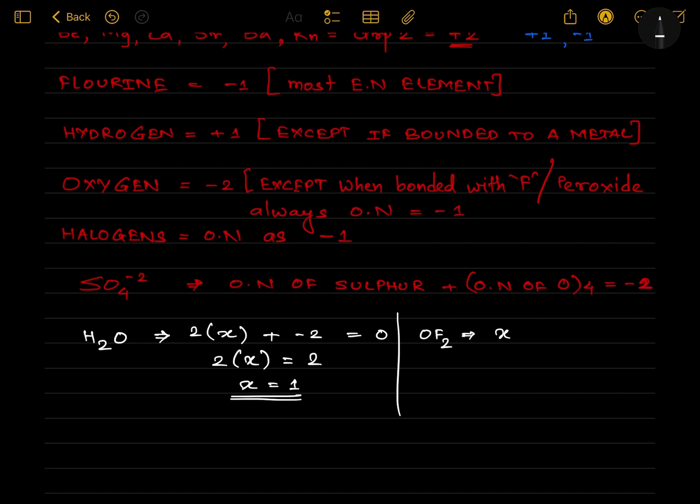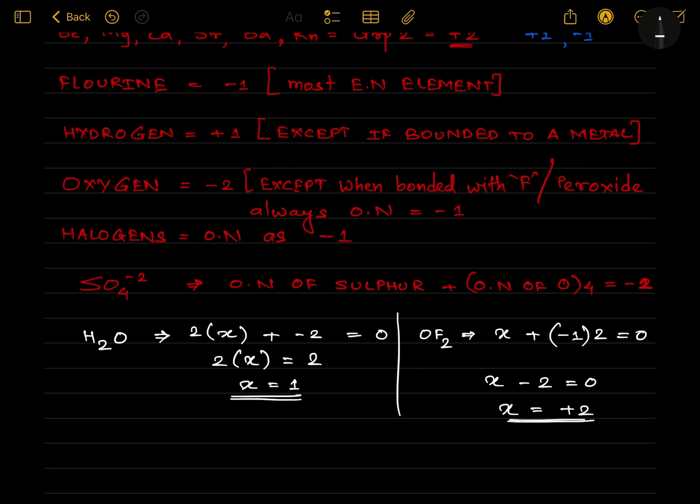Let the oxidation number of oxygen be X, plus I know fluorine can never have anything other than -1. Because I have two fluorines, it would be into 2. That has to be equal to 0. If you solve this, X minus 2 is equal to 0. Therefore, X is equal to plus 2.